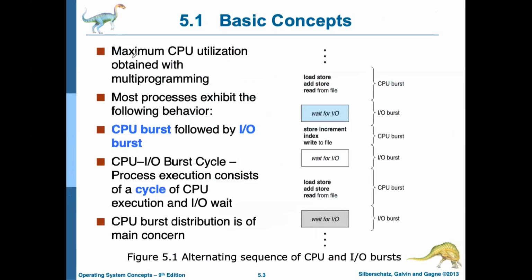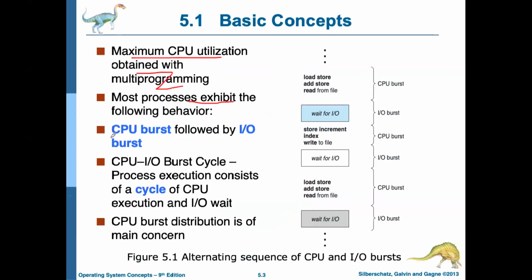Maximum CPU utilization through multi-program. Okay, we need to achieve the target on CPU utilization, which is optimum or maximum CPU utilization through a multi-program. And most processes exhibit the following behavior.